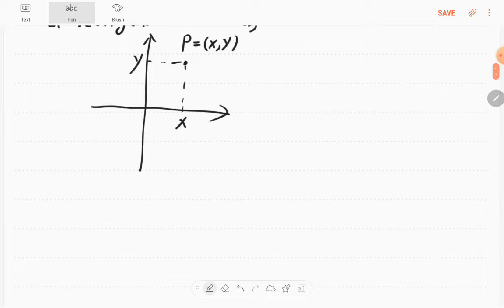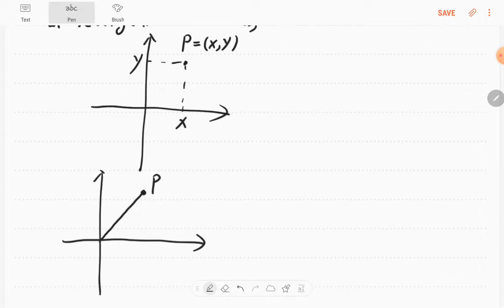So let's look at the same point P here. This point P is determined by the distance between the point P and the origin, r, and the angle theta it rotates. So this point P can be written as r and theta.